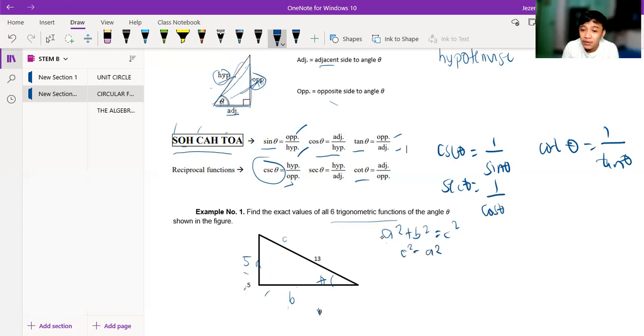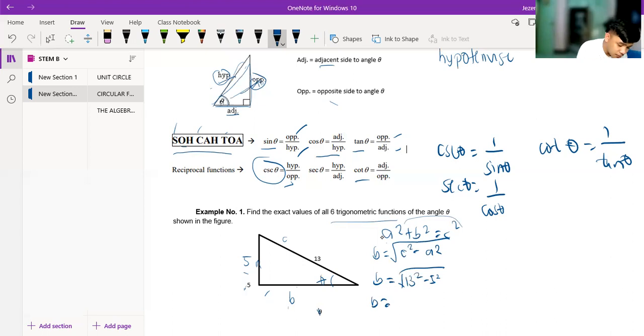So ililipat natin doon. Then take the square root. So b is equal to the square root of 13 squared minus 5 squared. Sa calculator natin, ang sagot doon is 12. So ang b pala natin is 12.